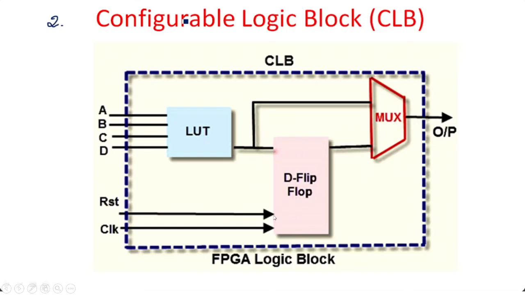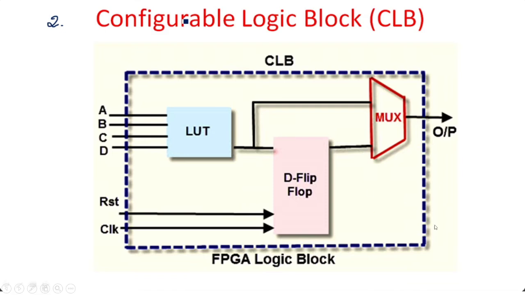So whatever sequential circuit is there will be designed by using D flip flop, and both combinations are coming through the output. So by using this lookup table, you can design any combinational circuit or any sequential circuit. Okay, is it fine? Did you understand?